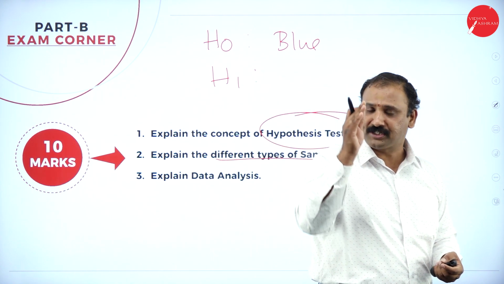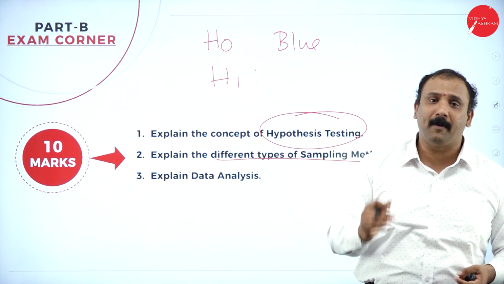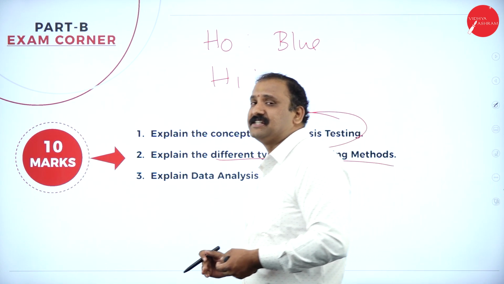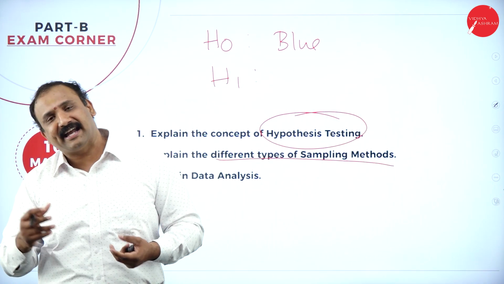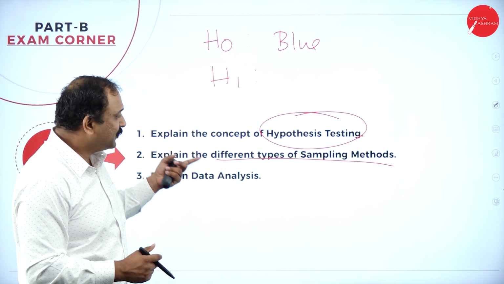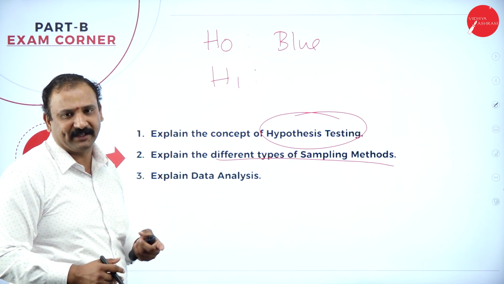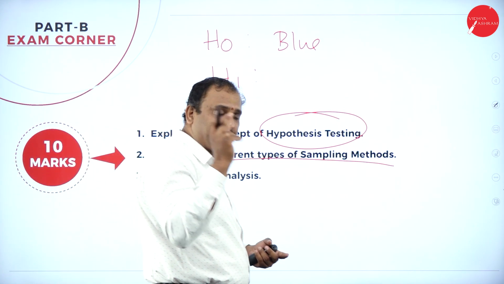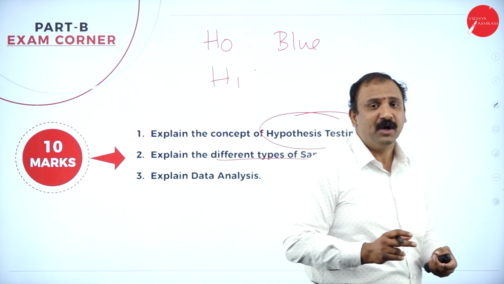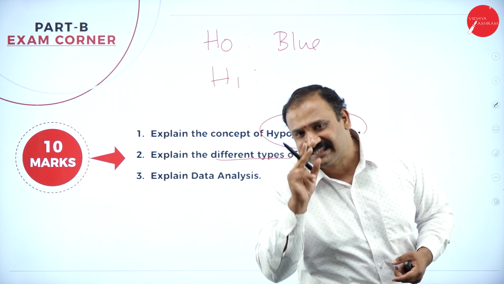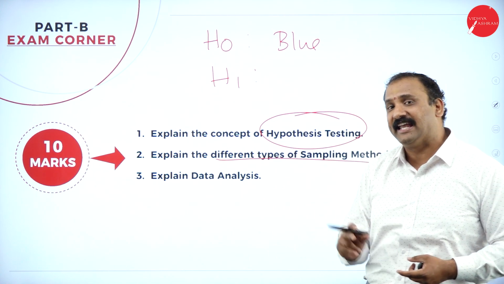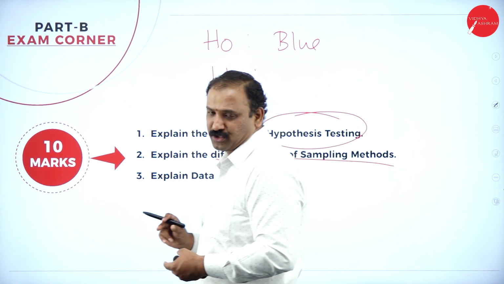Why? Because it puts the researcher in top gear to understand whether the data can work in that manner. That's why when you do a sampling method, you need to be 100% sure whether you are taking the right kind of sample or not.